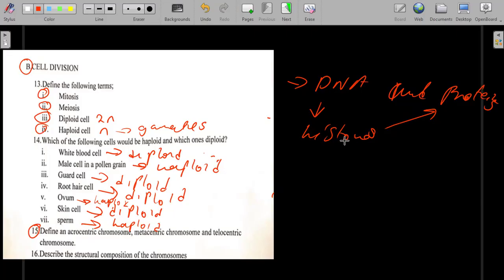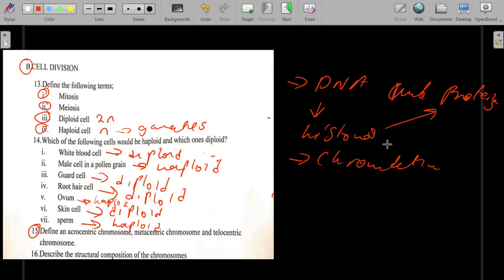Then you are also going to find what we call chromatin, which is going to be coiled and condensed to form the chromosomes. So apart from the DNA and proteins, you are going to find chromatin, which is coiled and condensed to form these chromosomes, made up of chromatids.